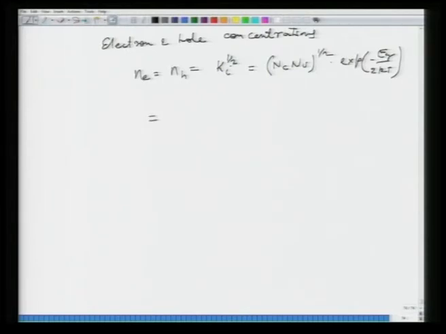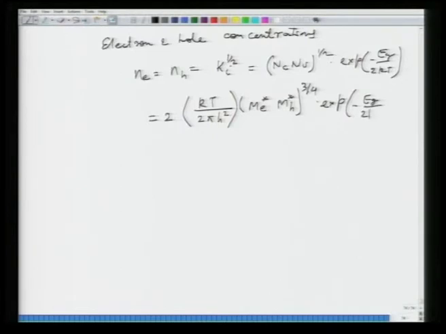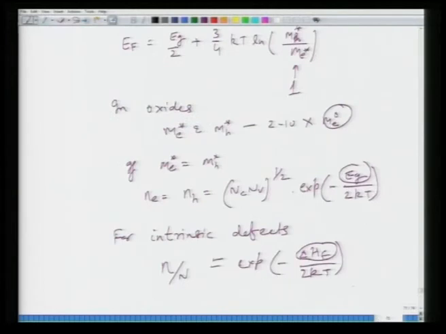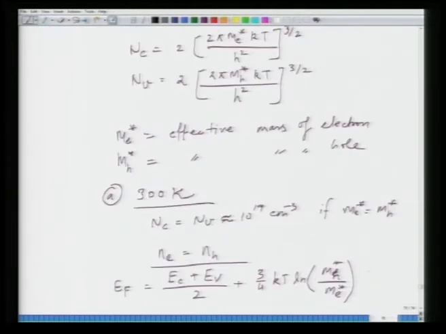This would be given as 2 into kT to the power 2 pi h square into Me star into Mh star to the power 3 by 4 into exponential minus Eg by 2kT. If you go to previous slides, Nc and Nv were equal to, yeah.